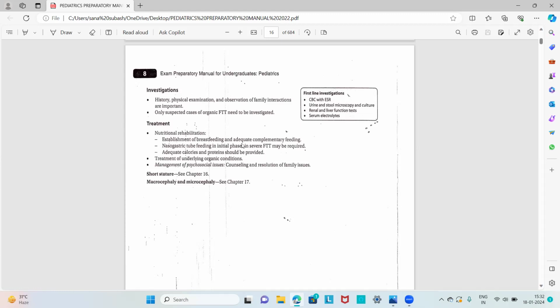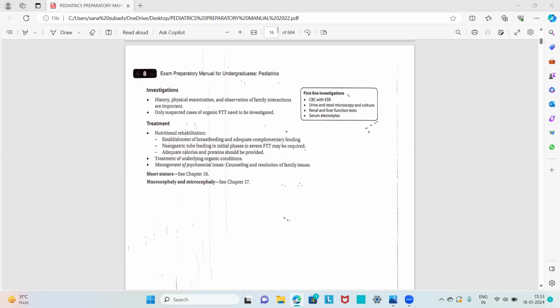In microcephaly, it is defined as a head circumference that is less than -3 standard deviation of the mean.